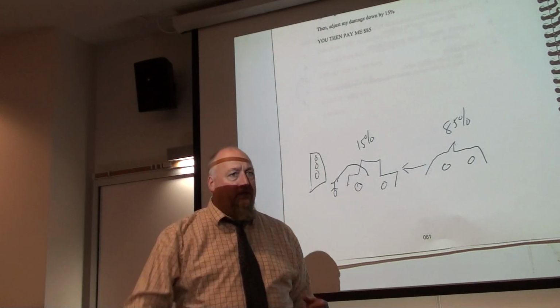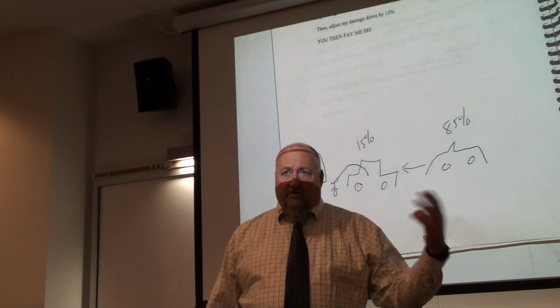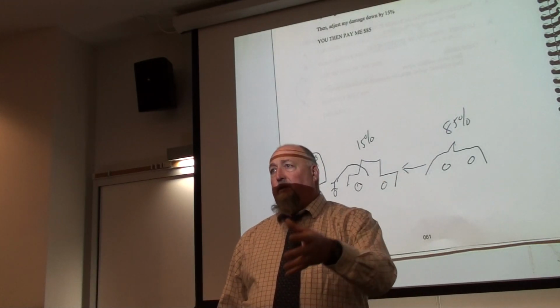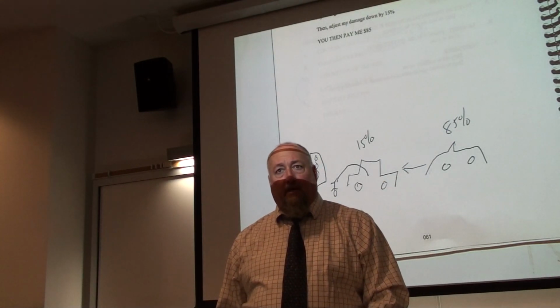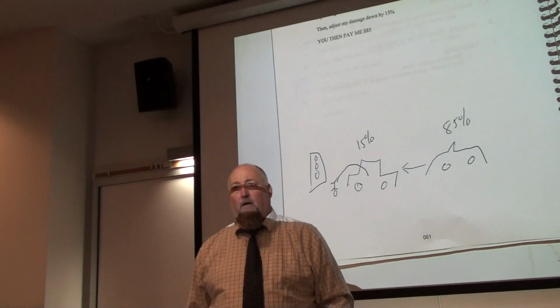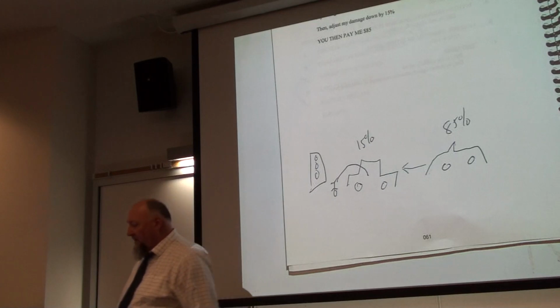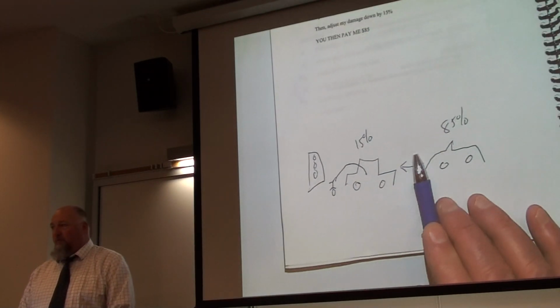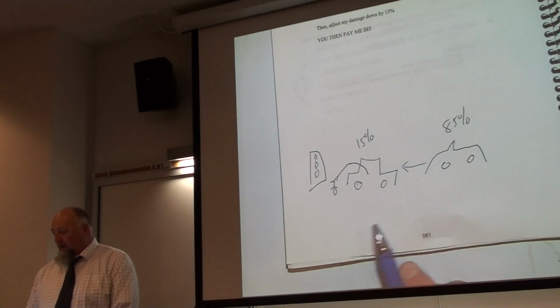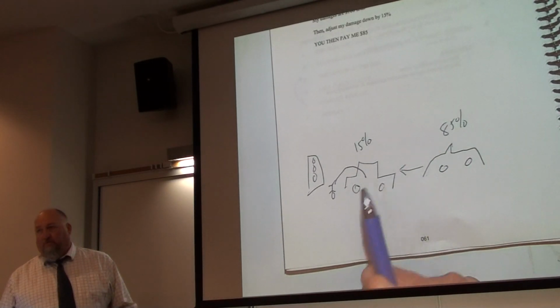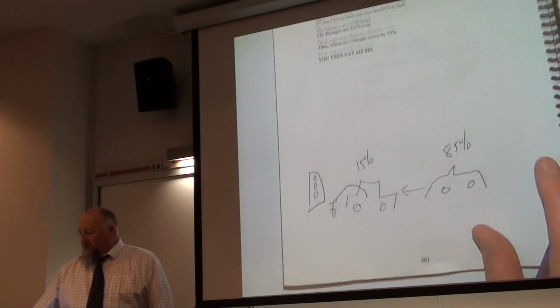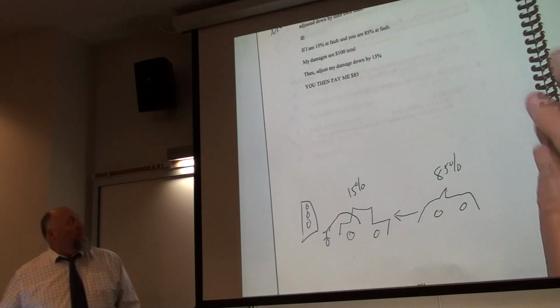But because you went through the windshield, by not wearing your seatbelt, you made your injury worse than it otherwise would have been. That's the argument they would make. And so this is where we get into this idea of percentages of fault. This is a question for the jury and also for the judge. So how does that play out?